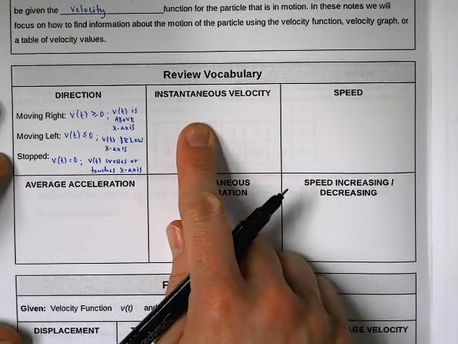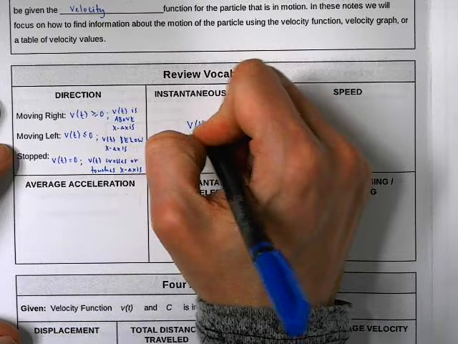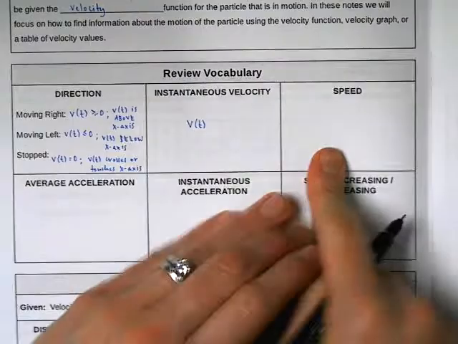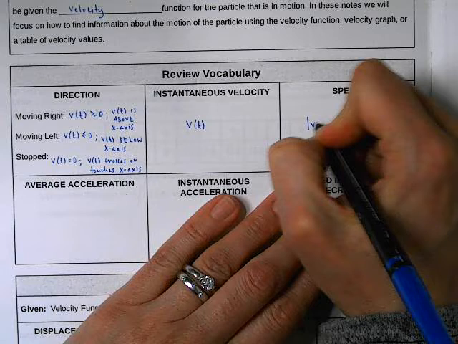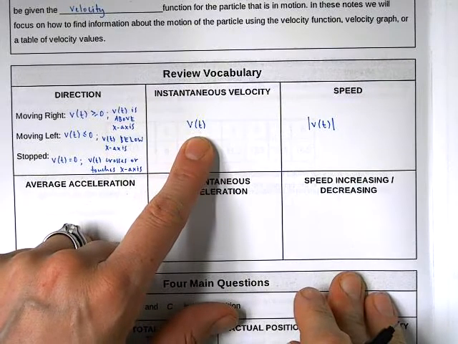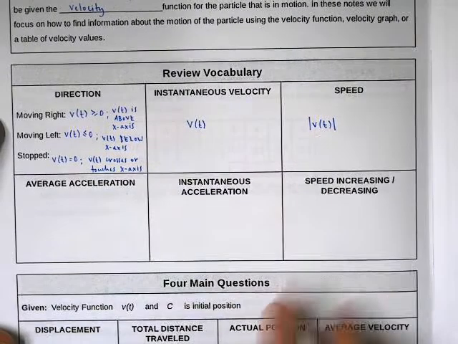When we're talking about instantaneous velocity, that's just our velocity function. Speed, hopefully you remember, is the absolute value of velocity. Remember, velocity is going to give us the direction as well, so if we want speed, we just take the absolute value.